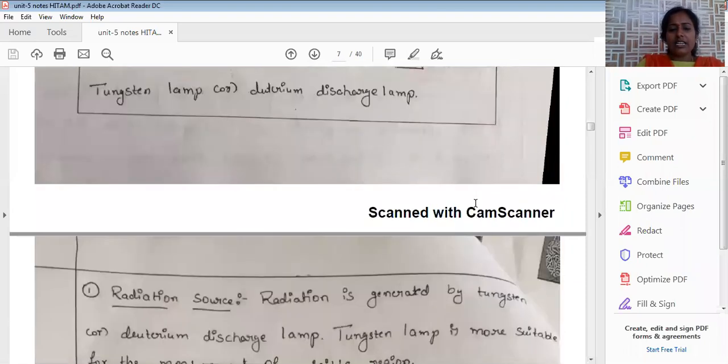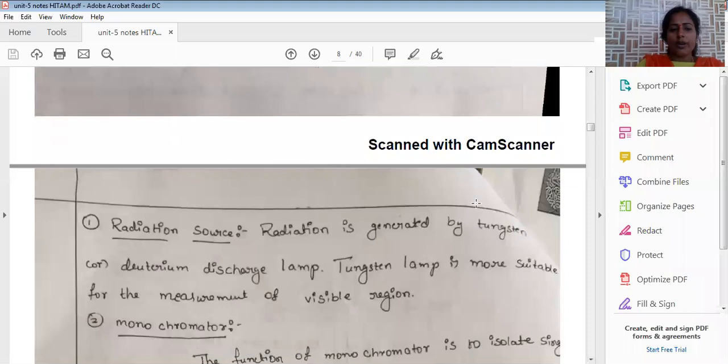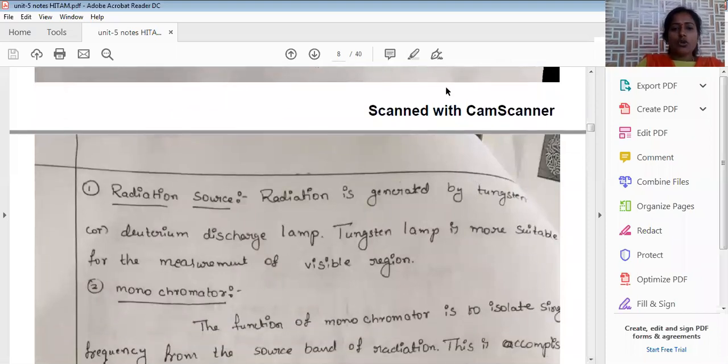Let us see the detailed description of this instrumentation. The radiation source for UV visible spectroscopy can be a tungsten lamp or a deuterium discharge lamp, which emits UV visible light. In our daily life we use tungsten lamps, and it is the more commonly applied one.